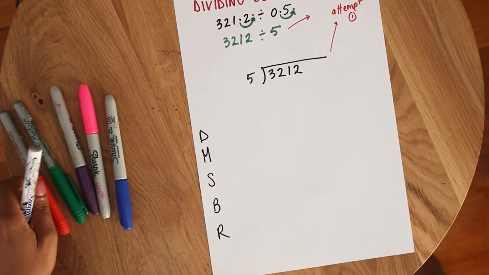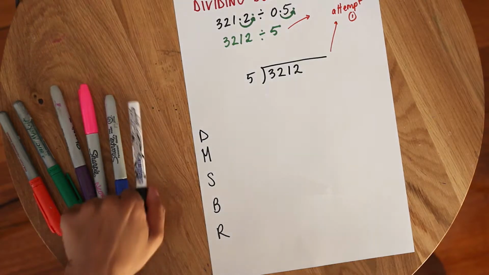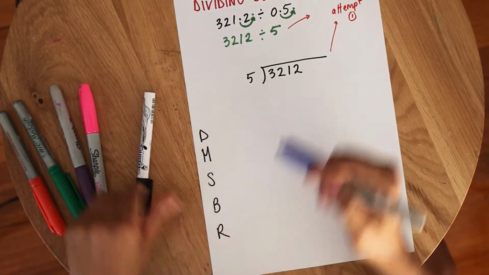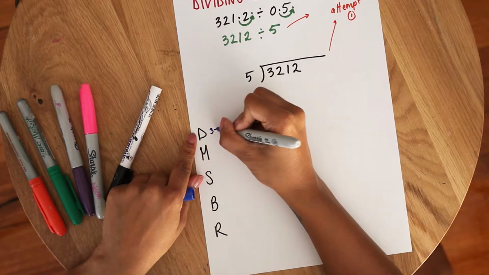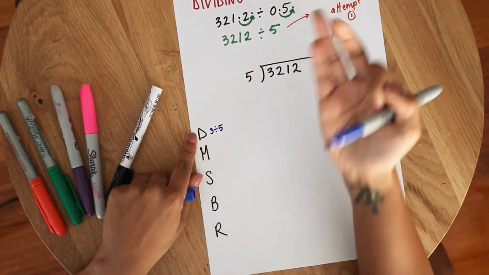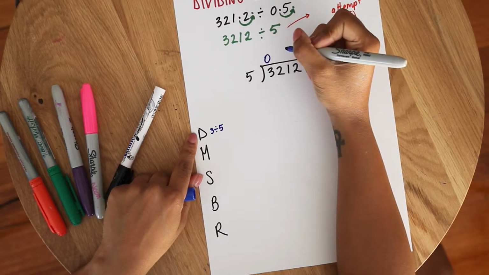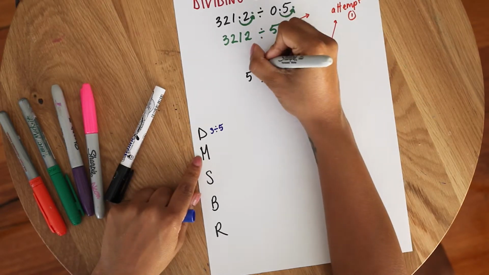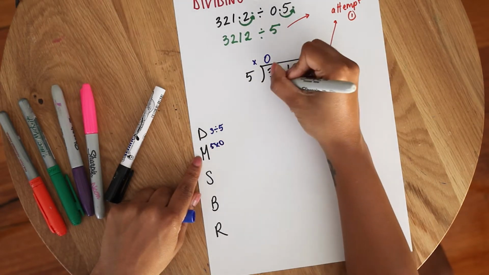Alright, so now we do our regular division sum. Let's do our first step. So now we're going to go 3 divided by 5. Can we do that? How many 5s? Can't. So we're going to do a 0 here. We're now going to multiply. So 5 times 0 is 0.